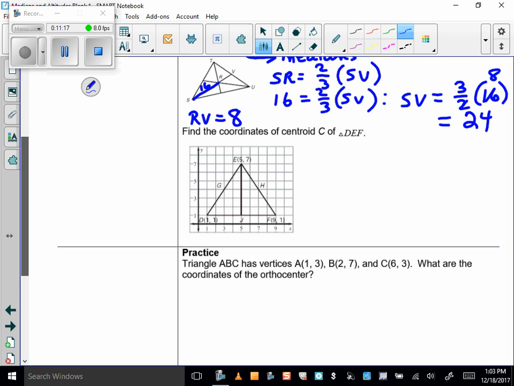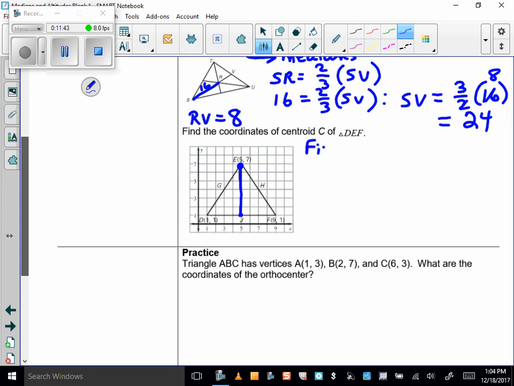Okay, how about this one? Find the coordinates of the centroid C of DEF. Okay, the centroid. So here's a median. Here's a median. All right, and I need to know from here. So what have I got to do? I got to find the length of E. That's E I got to find.